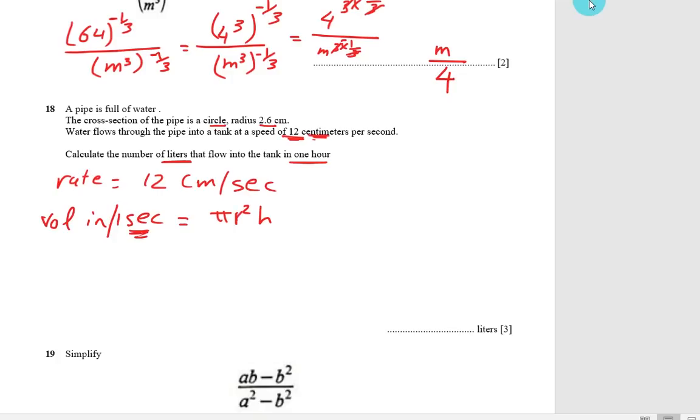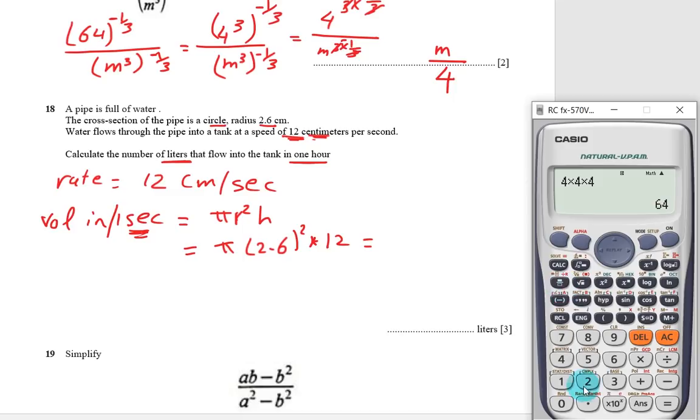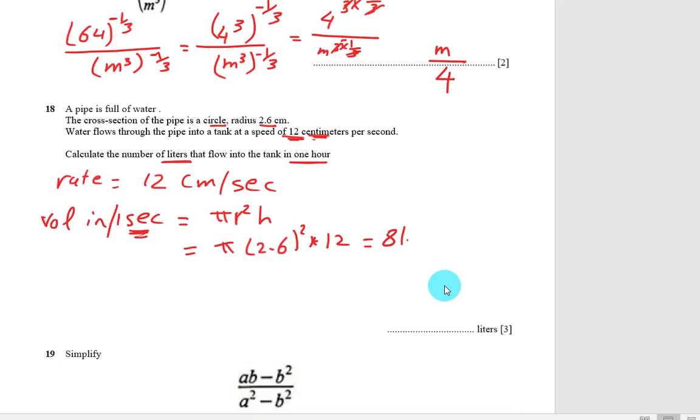This volume per second will equal π × 2.6² × 12, so the volume here is equal to 81.12π in cm³ per second. This is the volume in every second.